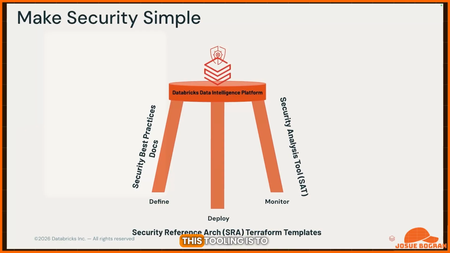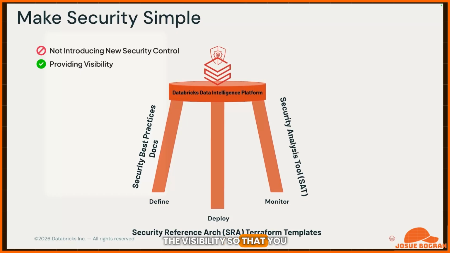Our goal with this tooling is to make that process easy. We are not introducing any new security controls. We're just providing you the visibility so that your practice of hardening Databricks workspaces and meeting your compliance and regulatory requirements becomes a bit easier, right?